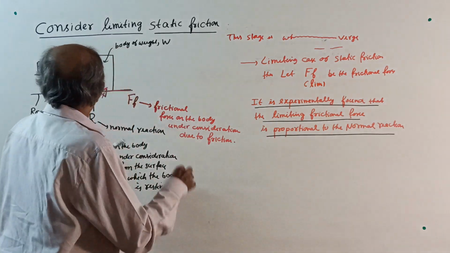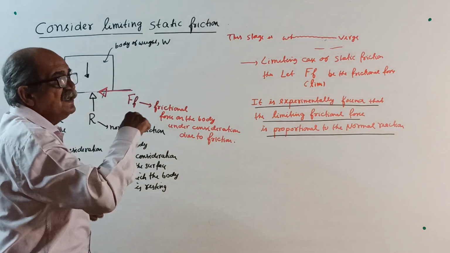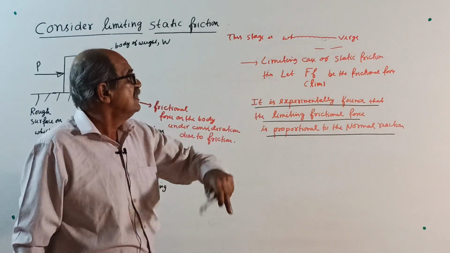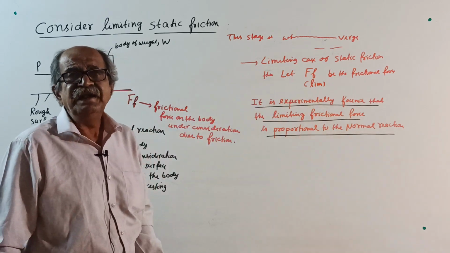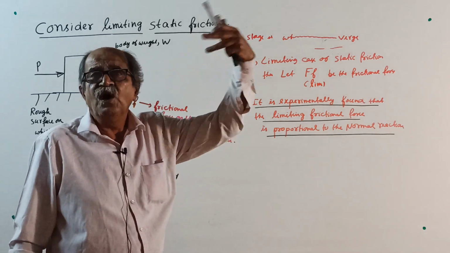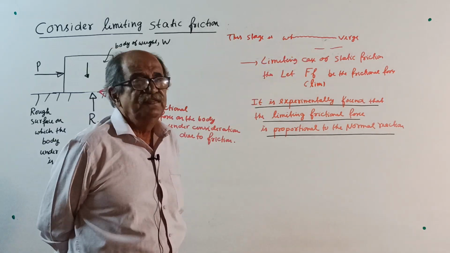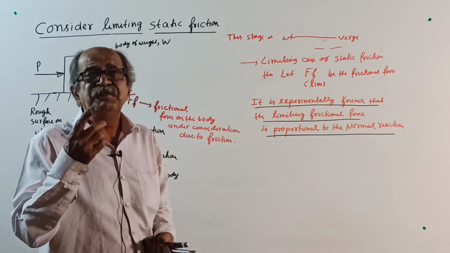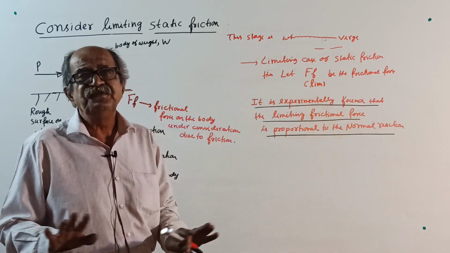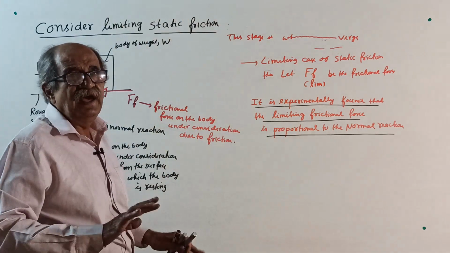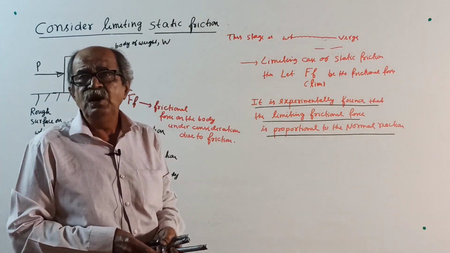Now, if the value of P is further increased, the body will start moving, then the static friction case is closed. It will enter the other case of dynamic friction. Then also friction will be there, but that friction is called dynamic friction, which we are not considering. In our entire course we are concerned only with static friction.